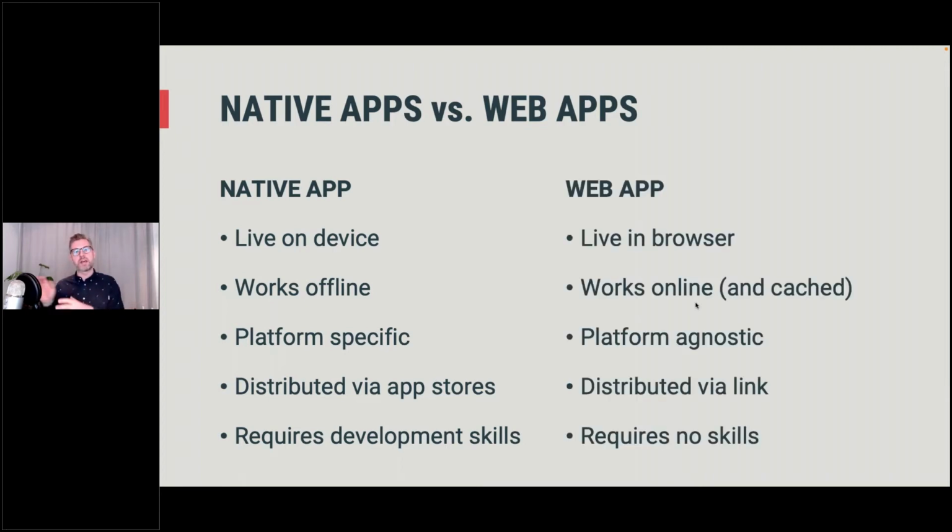And then on the other hand, we have web apps, which is kind of a hybrid, where the app is actually living in the browser on the smartphone. So it works in the browser, which means that you only have to build one app for all of the platforms out there. You don't have to build them for specific platforms. As long as they have a smartphone with a browser on it, your app will run there.